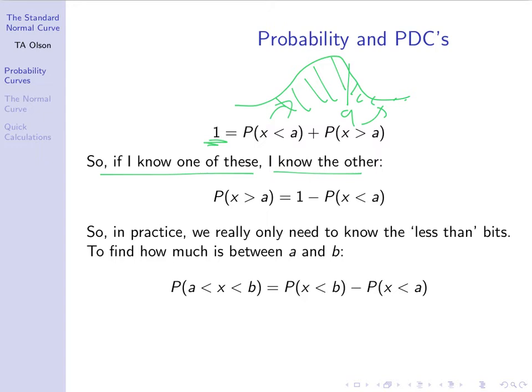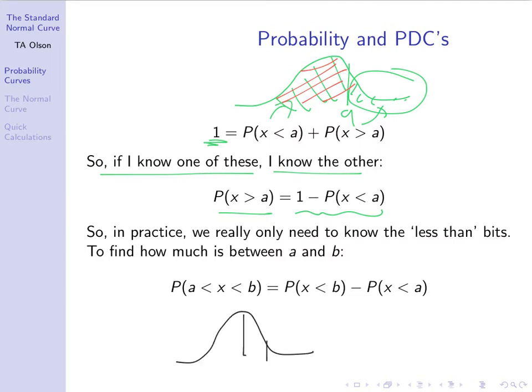Because the area greater than A, which I might be interested in, is what's left over after I take away the area less than A. And if I want to know the area between 2 points A and B, I can use the area less than B and simply take away the area less than A, and that'll be the part that's left over.